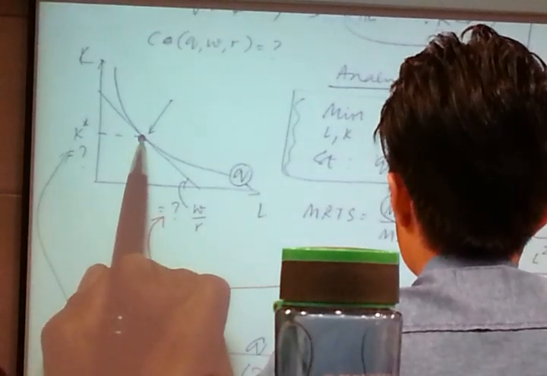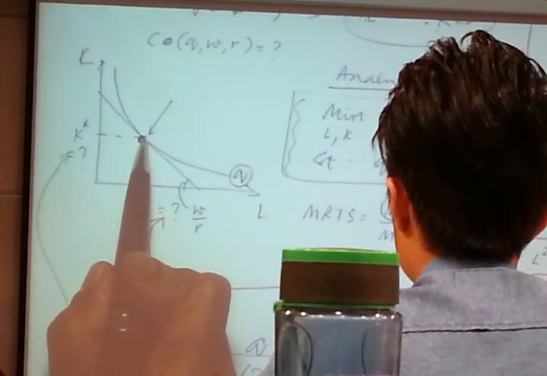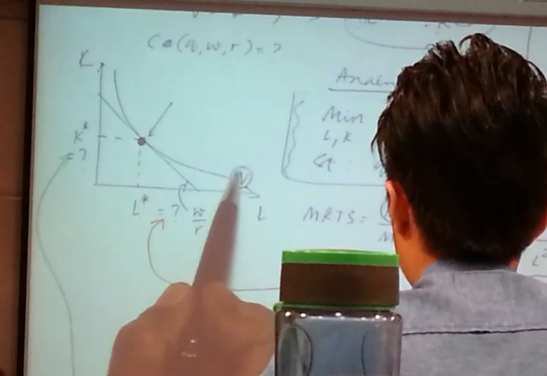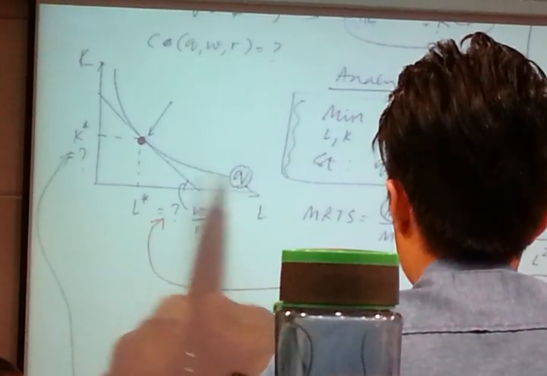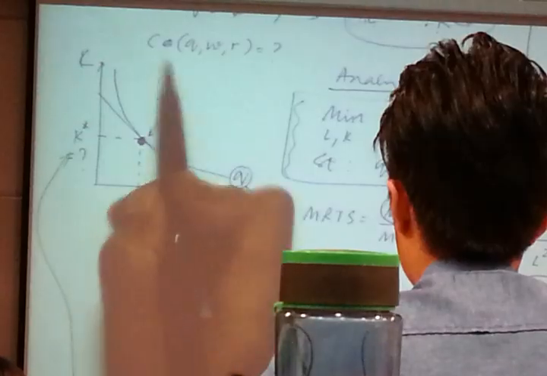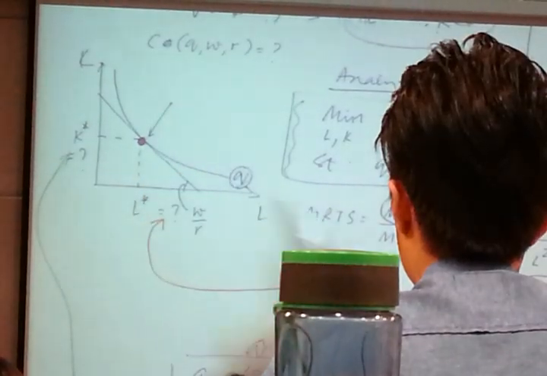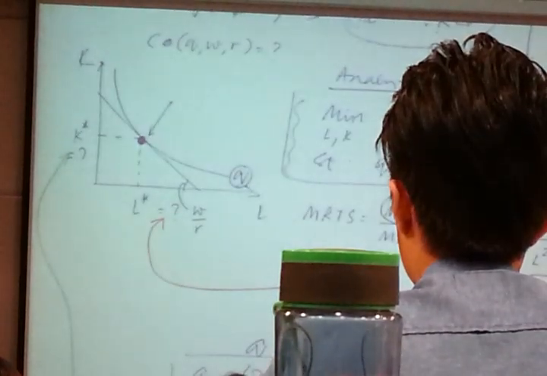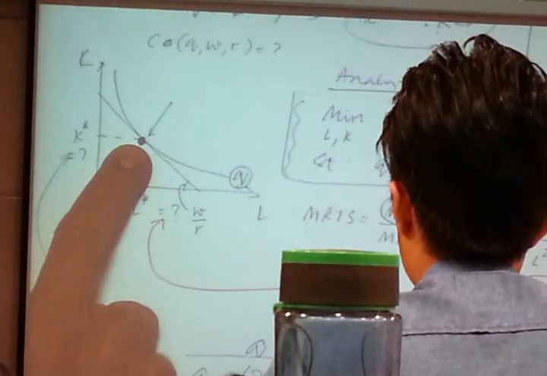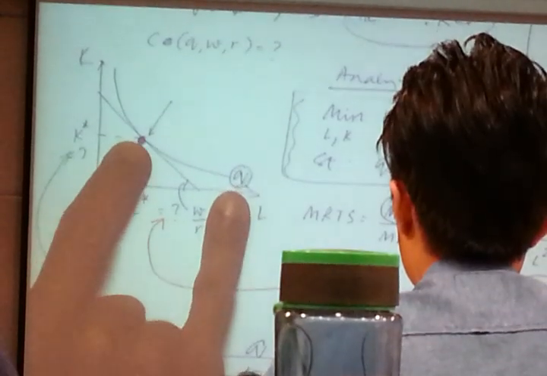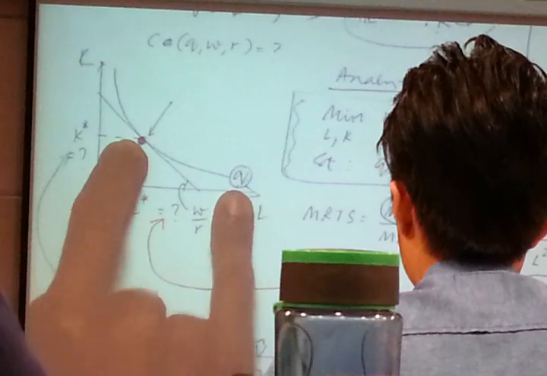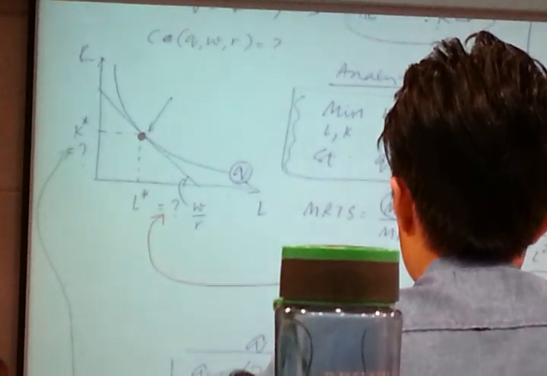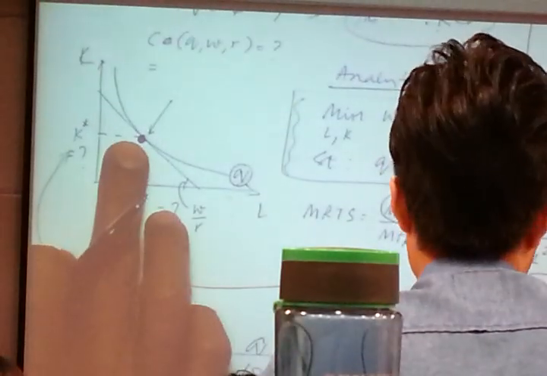Well, this is the bundle that minimizes the cost of producing Q, therefore the cost of this bundle must be the cheapest way of producing Q. What is the cost of this bundle?